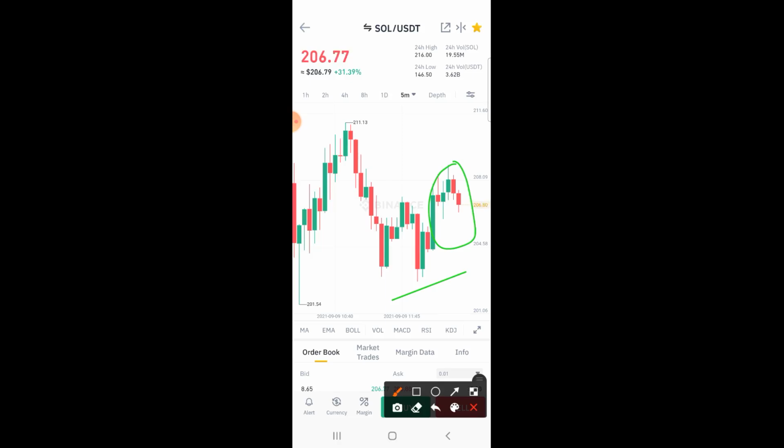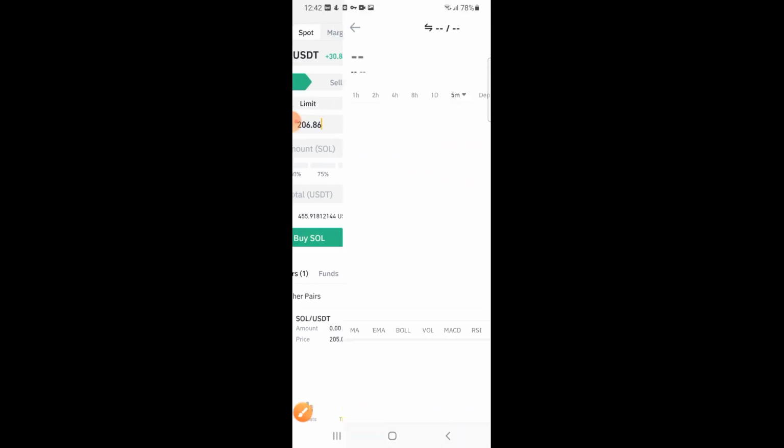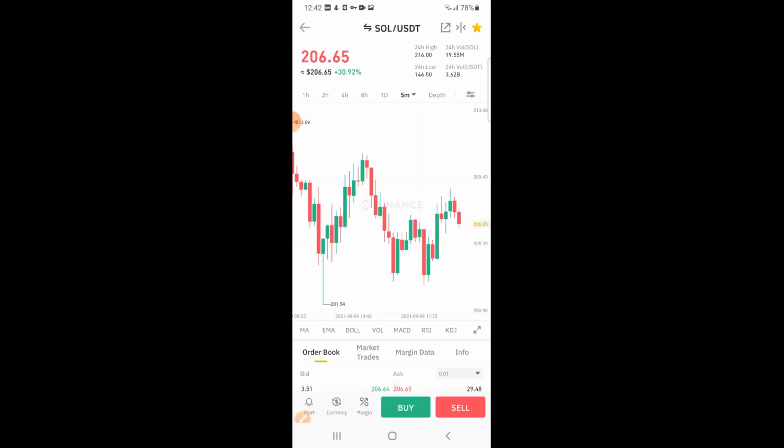You must check TradingView, Solana and historical data on CoinMarketCap, volume, same position, Ichimoku cloud, everything. And here it is going up again, 207, 206. But your target is 205.